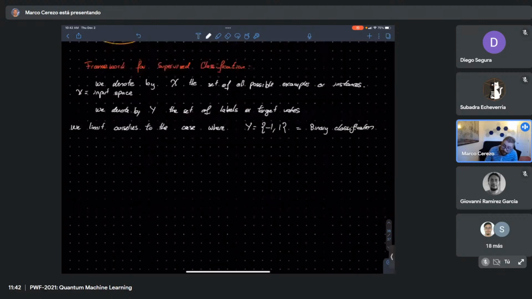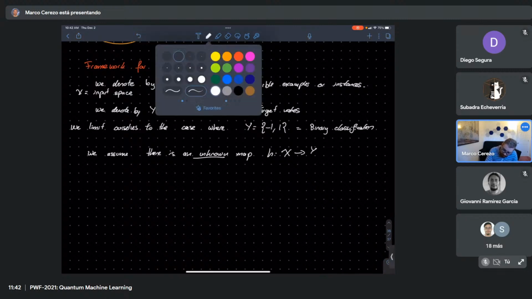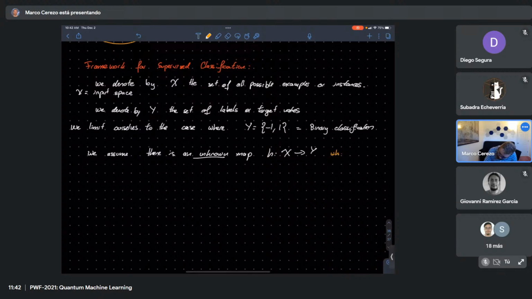And of course, the whole thing about machine learning is that we assume that somehow there is an unknown map, unknown is key here, that maps between instances and labels. And this is, of course, what we want to learn.